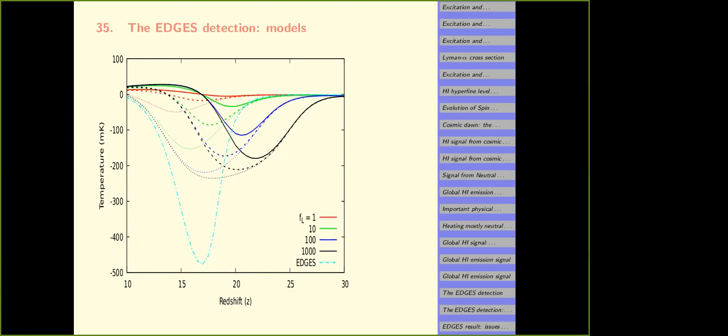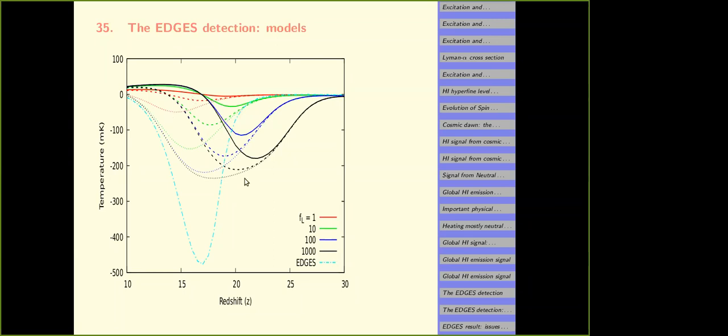What do the dotted line, dashed line, and solid lines denote here? The point is, for every Lyman alpha coupling model, there are 3 heating models. If you take FL, the red line FL equal to 1 is red.